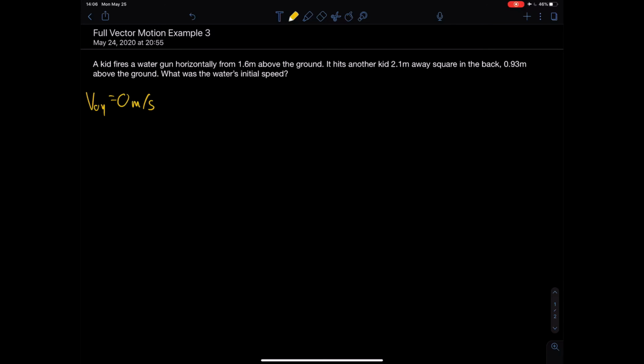That was how that equation was derived to begin with. We'll draw a picture in a minute to show how we can make these start at the origin. So my initial position I want to be 0 meters in x and 0 meters in y. It hits another kid 2.1 meters away, square in the back, 0.93 meters above the ground.